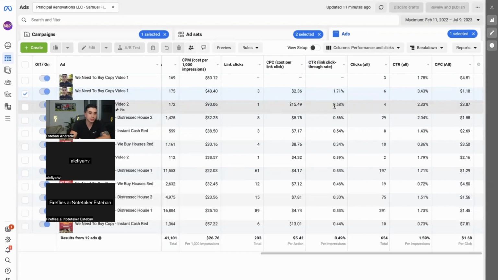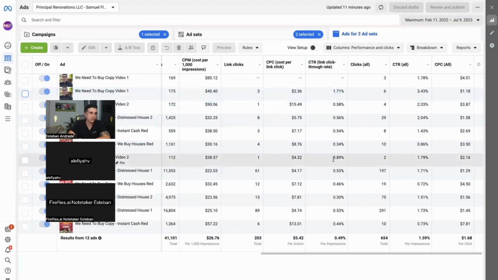So now you're measuring that on the 1% level. Over 100 people, it's only 1%. This one is a little bit higher, 1.71%. This one is 0.6%. This one is 0.9%.